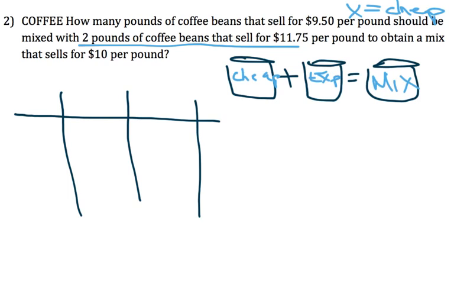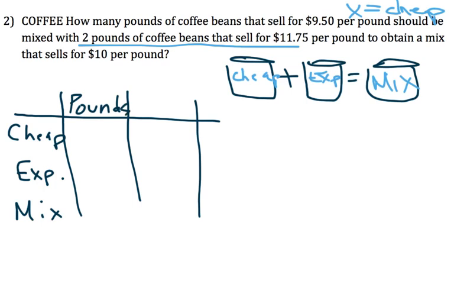So we have the cheap, the expensive, and then we have the mix. And we know we're dealing with some sort of quantity of it, which is measured in pounds. And then we're also dealing with the cost per pound. And then lastly, that would mean we would know what the actual price is.